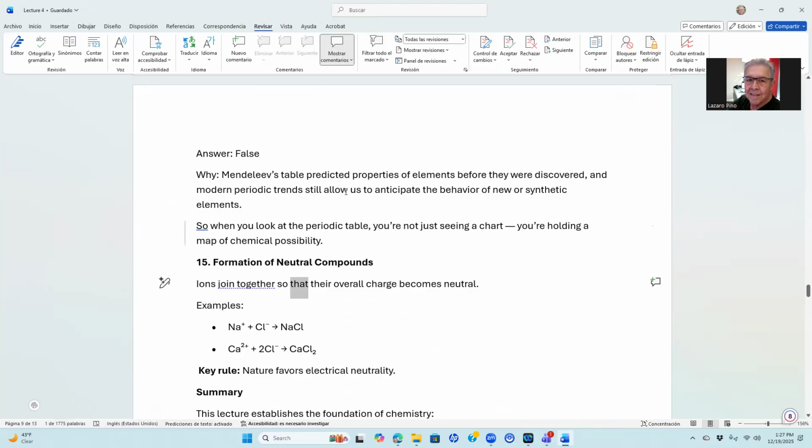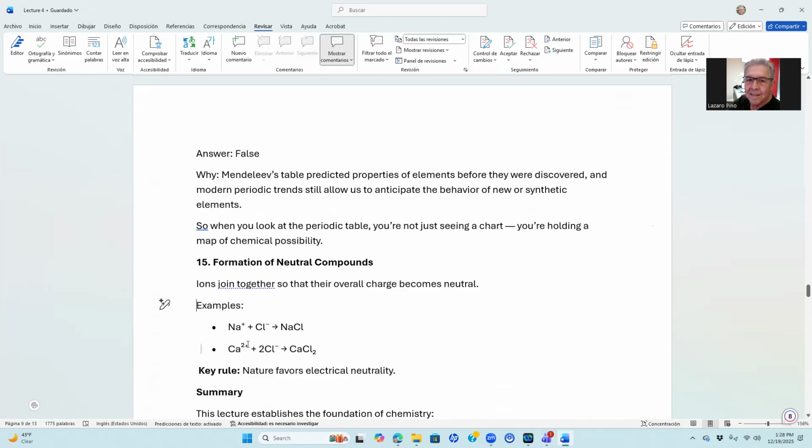15. Formation of neutral compounds. Ions join together so that their overall charge becomes neutral. Examples. Here you have the sodium cation plus chloride anion make sodium chloride. That is a compound. And if the sodium is positive and the anion is negative, sodium chloride is neutral, no?